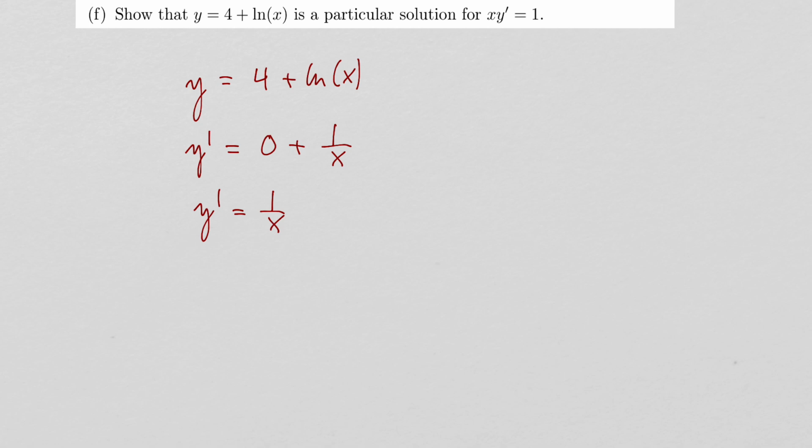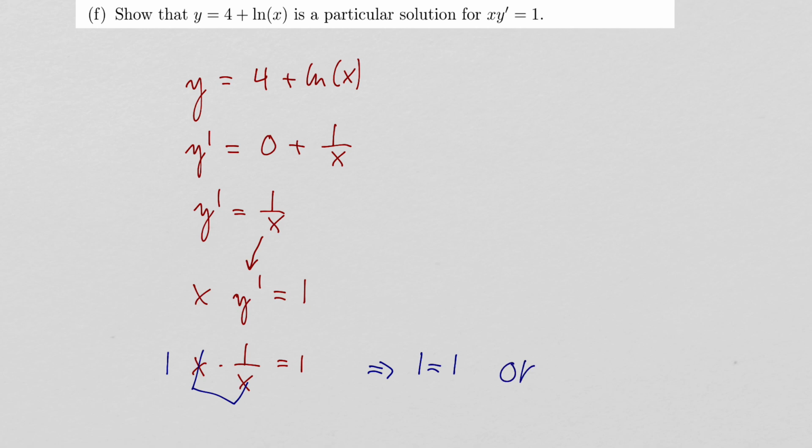Now we should check the equation: x times the derivative of y is 1. Well, let's substitute the derivative of y. X times 1 over x is 1. In the left hand side the x's cancel out and give 1. The equation is satisfied.